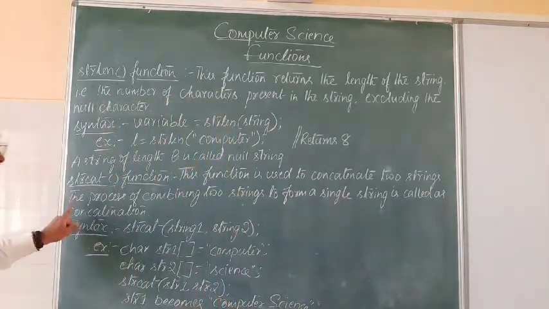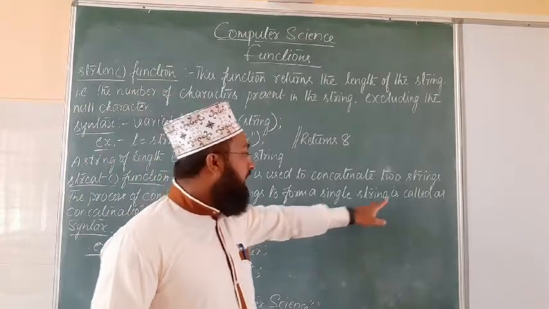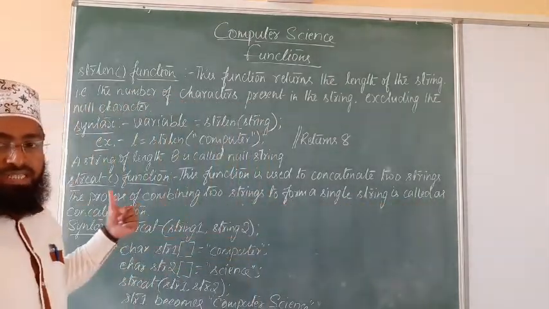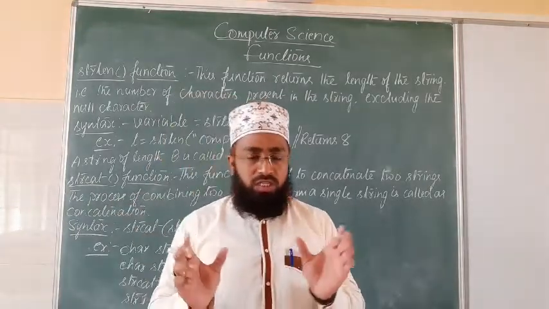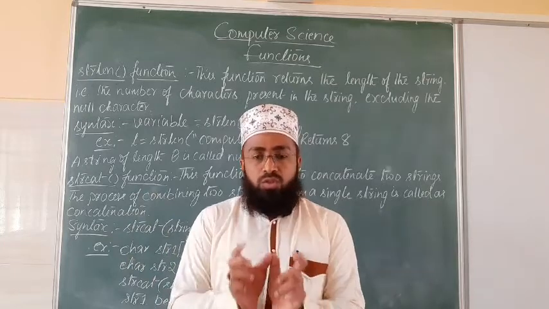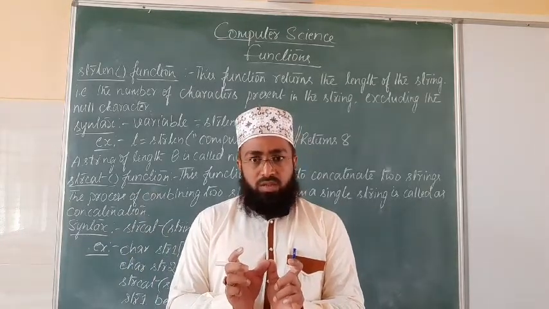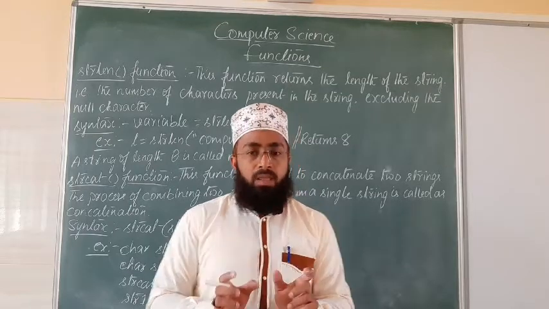Look here. The process of combining two strings to form a single string is called concatenation. If we have two strings, we will use the strcat function to combine them.